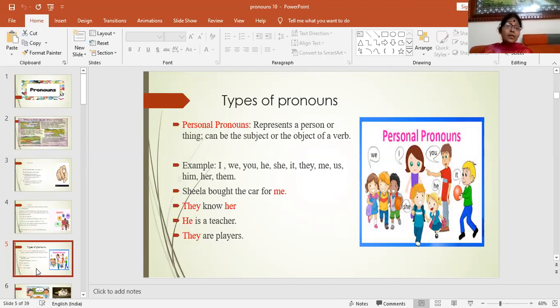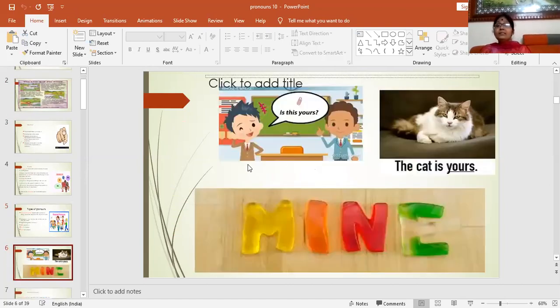Right? Now, look at this picture. What is this boy telling the other boy? Is this yours? He's asking a question. Is this yours? Right? The cat is yours. This is mine. When I say this is mine, we are talking about pronouns of possession, right?